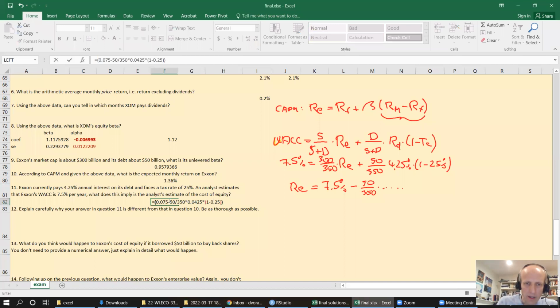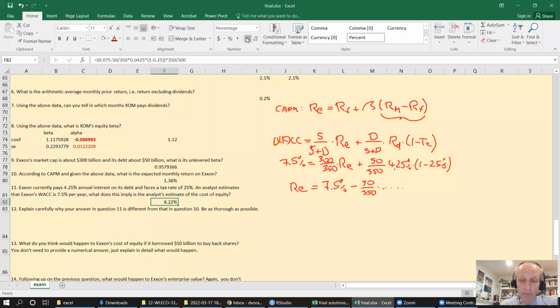And now the whole thing has to be multiplied, because we brought everything over to that side. Now we have to multiply by 350 divided by 300, and that gives us 8.22%, which is what the analyst's estimated cost of equity is.